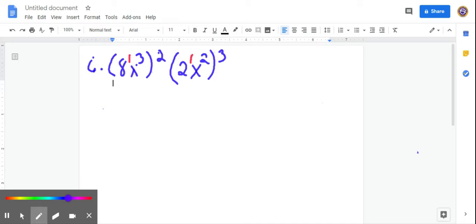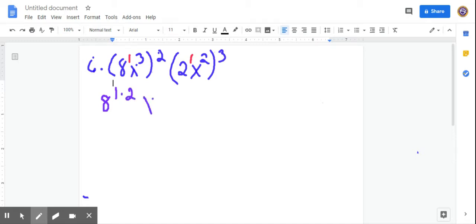So now we're going to have power to a power. We keep the base and we multiply those exponents. So 8 to the 1 times 2. Keep the base, that's x. Multiply the exponents, 3 times 2. Moving on to the next parentheses, you keep the base, which is 2. Multiply the exponents, 1 times 3.